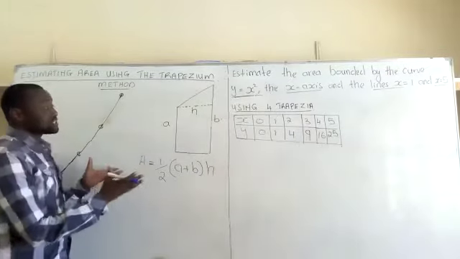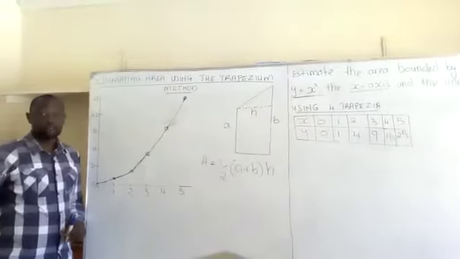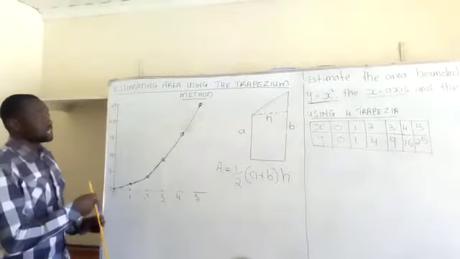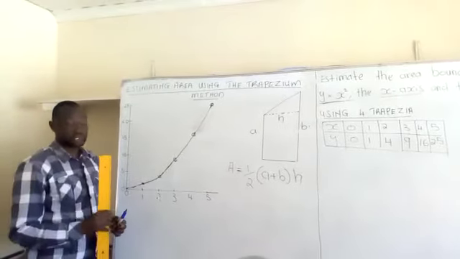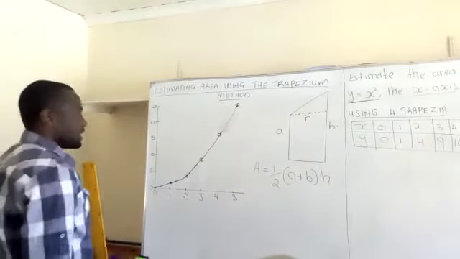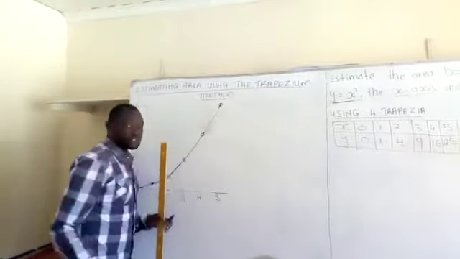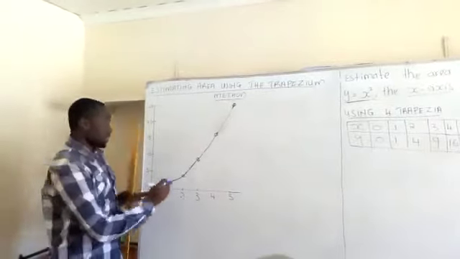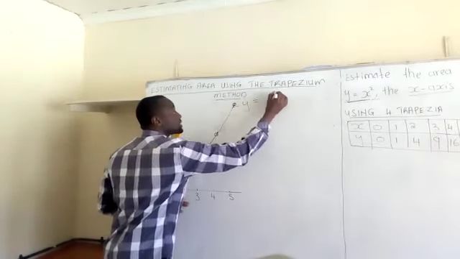I have a sketch of the same graph on the whiteboard here, and we want to see how we now get the area using the trapezium method. The first thing we need to do is to note these boundaries. We already have the graph. This is y equals x squared.